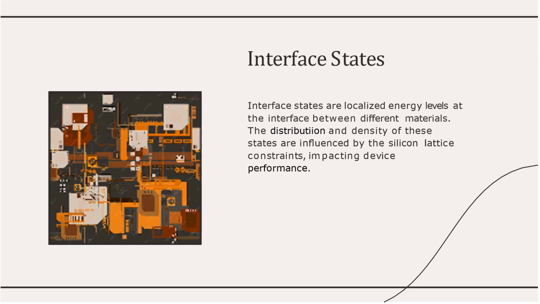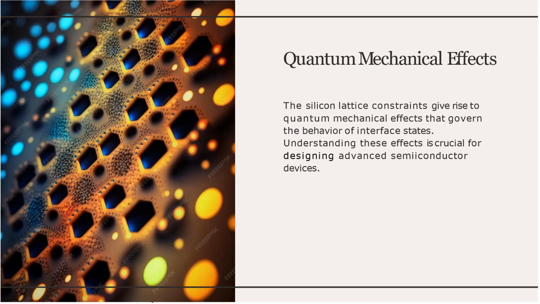Lattice constraints are the conditions that the interface states have to satisfy in order to exist and to be stable. They depend on the geometry, symmetry, and material parameters of the two media.